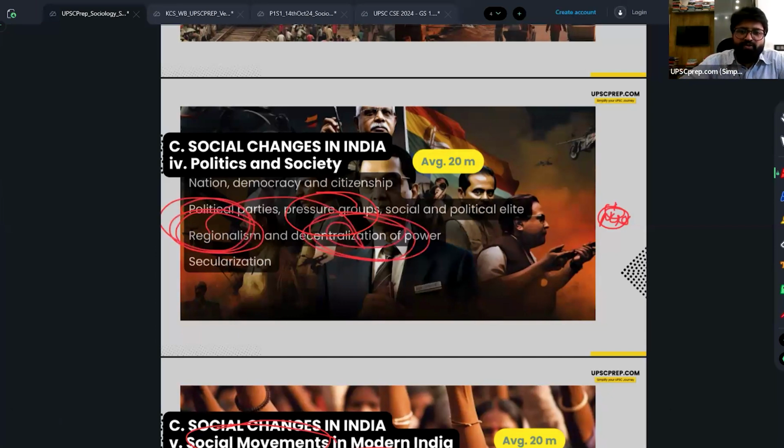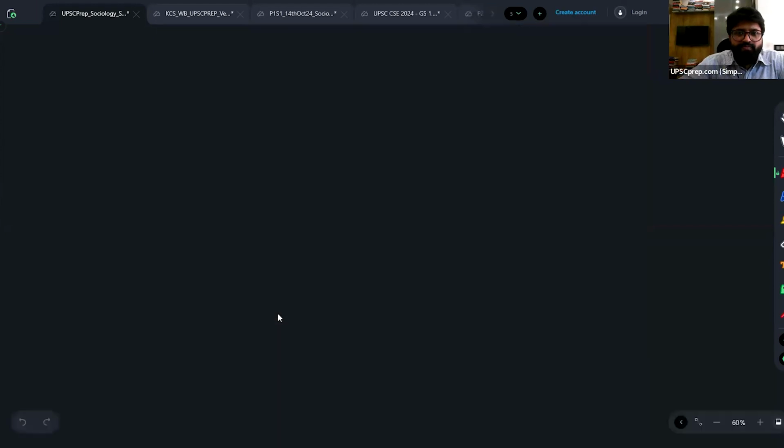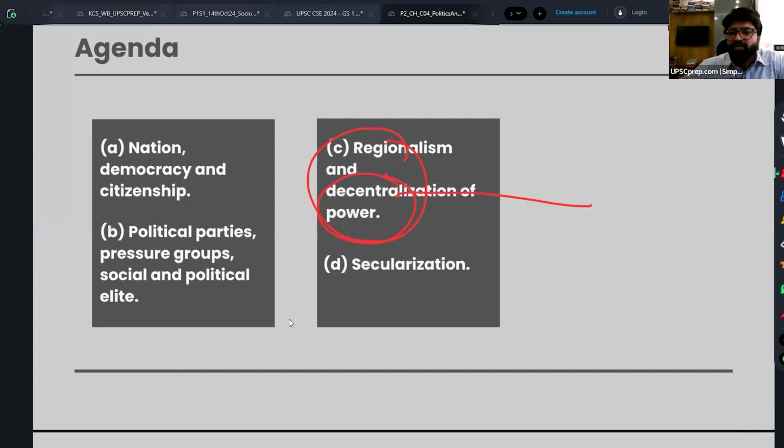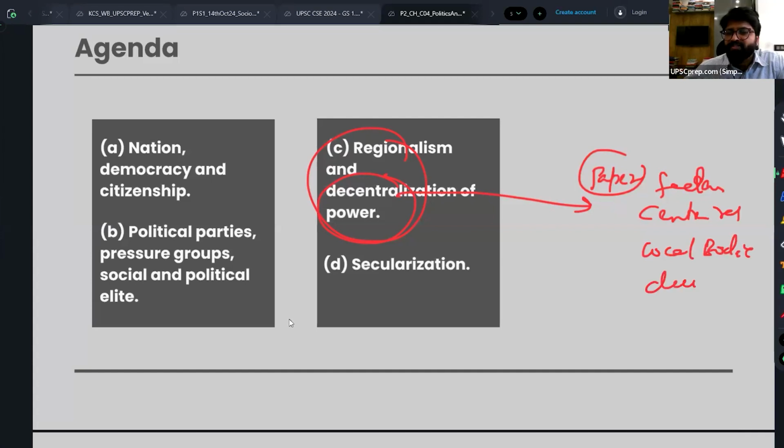Let me open that topic for you. When we talk about decentralization of power, expect some questions in paper 2 also: federalism, centre-state relations, local bodies, decentralization. Some questions overlap with your paper 2 questions also.